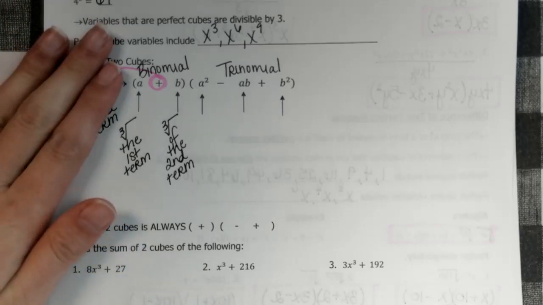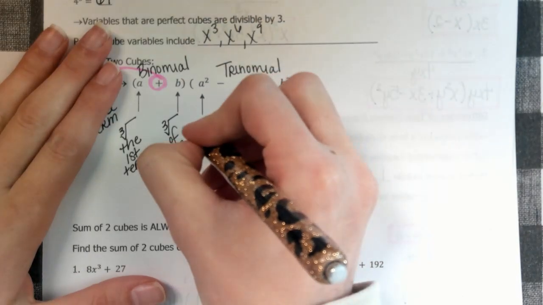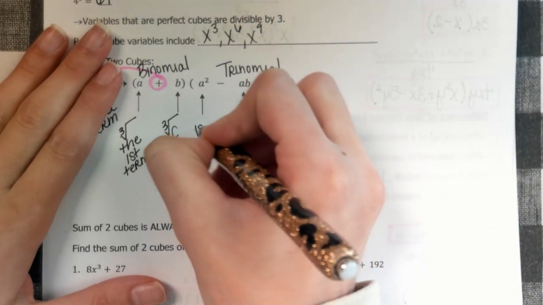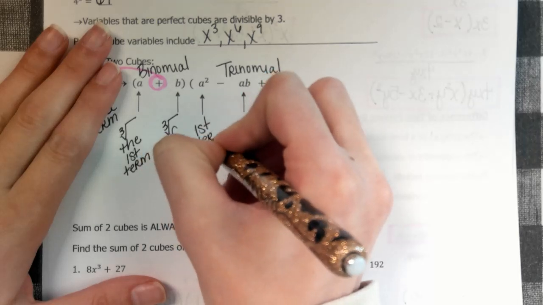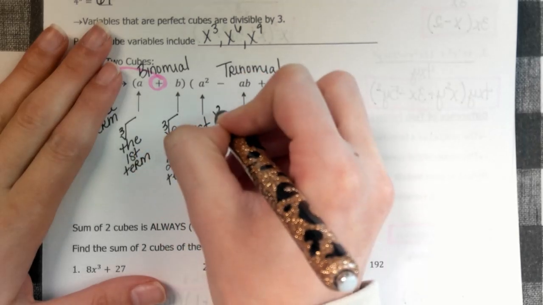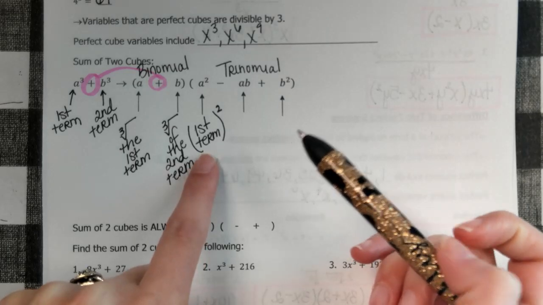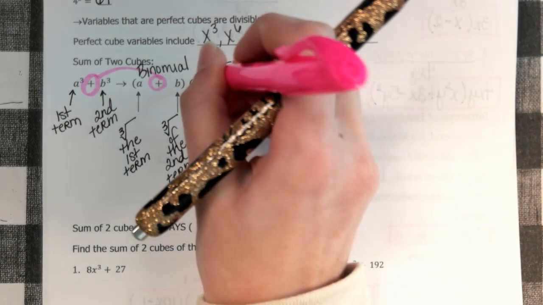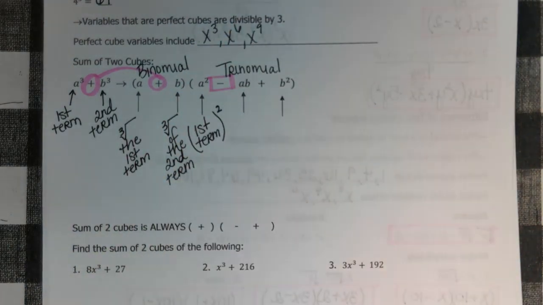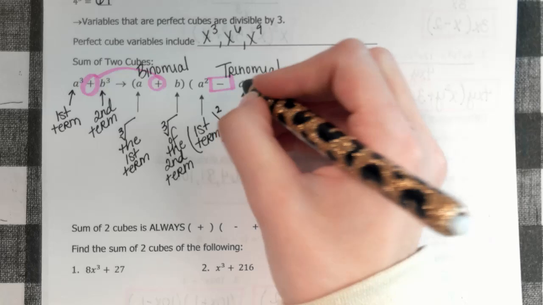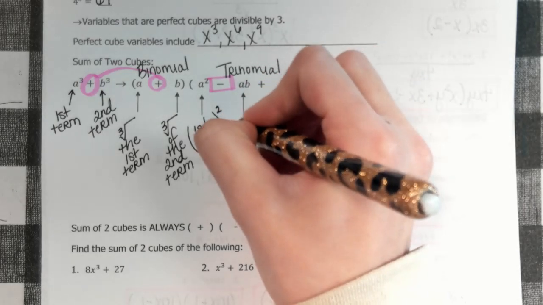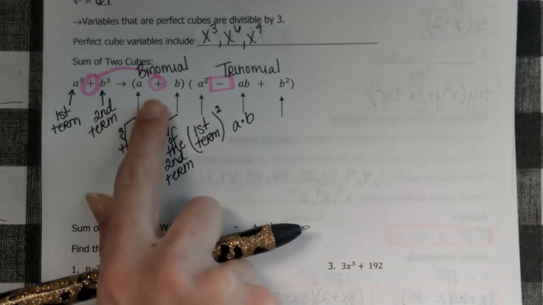Okay, so what you're going to do is take your first term and square it. That's how you get that a squared, the first term in your trinomial. Then recognize that your sign changes. So I kept it at the beginning, then I change it. And then you're going to multiply your a and your b that was in the binomial.